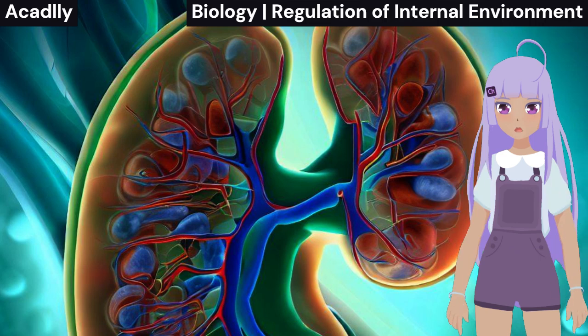Osmoreceptors in the hypothalamus detect these changes and stimulate the pituitary gland to secrete more antidiuretic hormone, ADH. ADH makes the walls of the urinary tubules more permeable, leading to increased water absorption into the blood. This results in less water being lost from the body, and concentrated urine is produced.